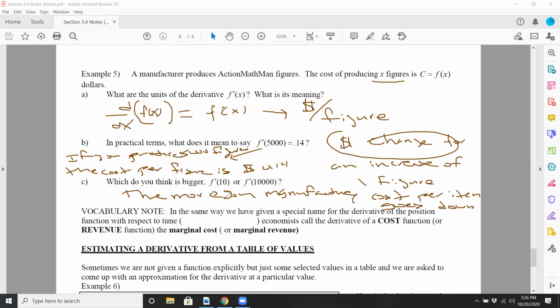And that's because you have these fixed costs that are associated with running a factory, and those fixed costs become more spread out as you produce more and more items. So that's one way to think about it.